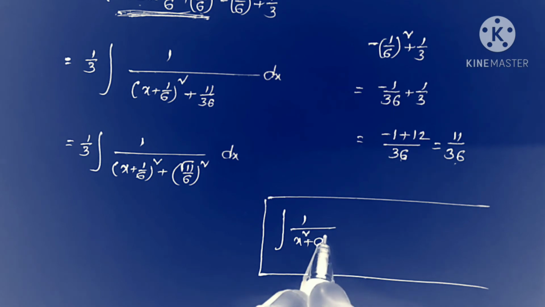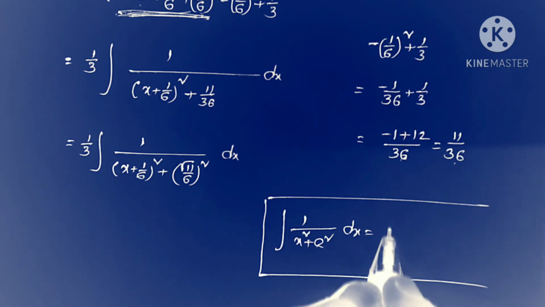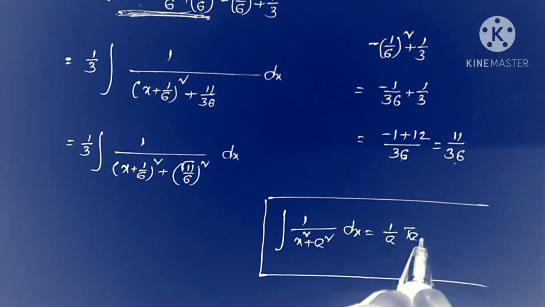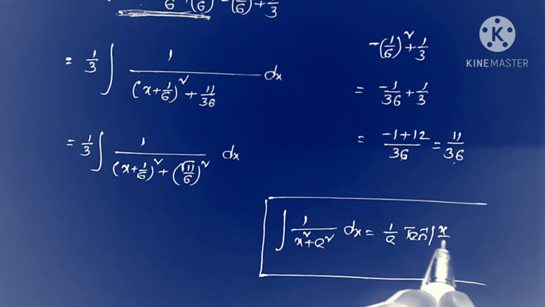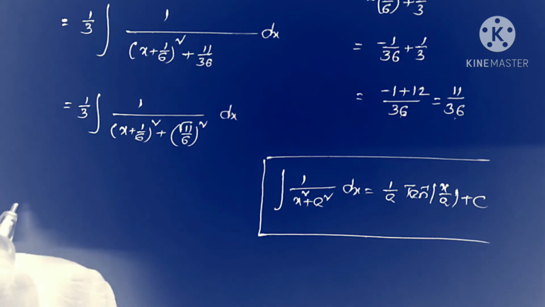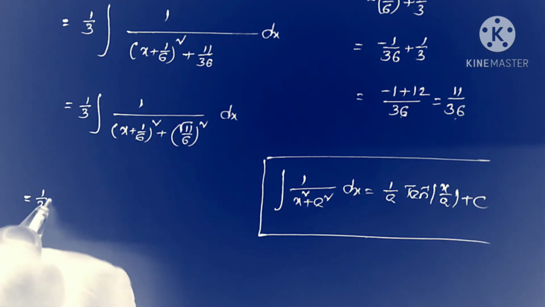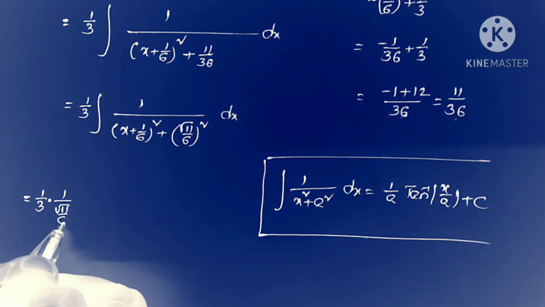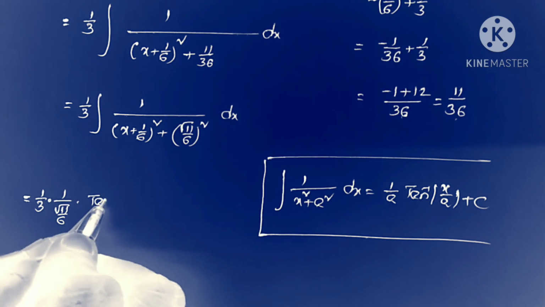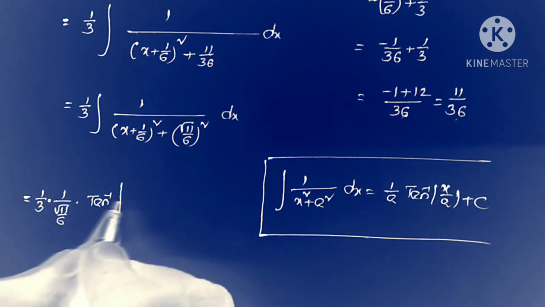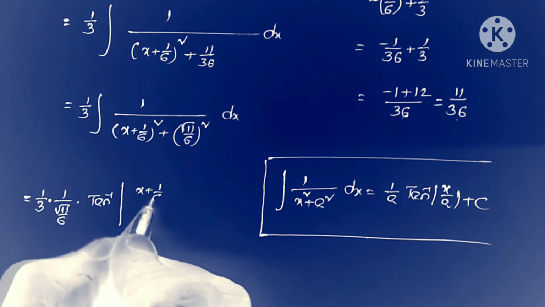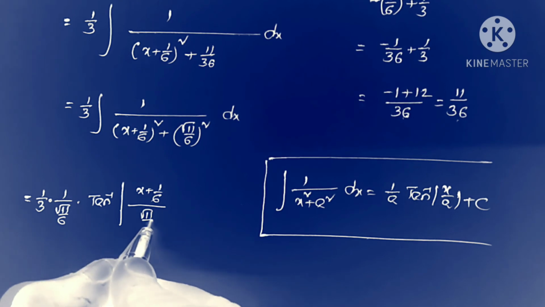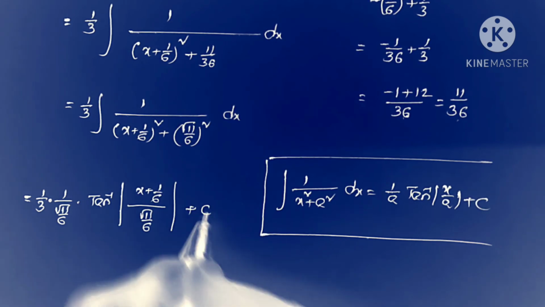Integral 1 by (x square plus a square) into dx is equal to 1 by a tan inverse of x by a plus c. Applying this formula here, this is equal to 1 by 3 into 1 by a. What is a value? Root 11 by 6 into tan inverse of x by a. x is x plus 1 by 6, a is root 11 by 6, plus c.